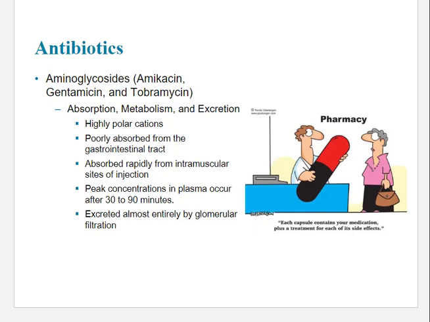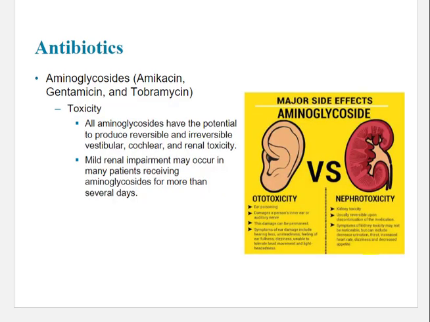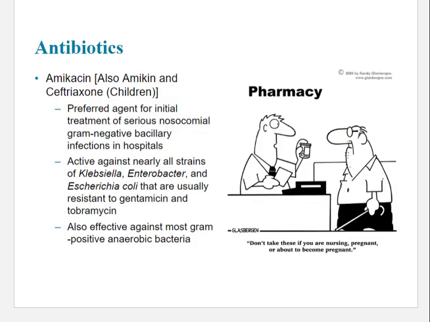They are highly polar cations. They're absorbed through the GI tract. And peak concentrations are 30 to 90 minutes. Just, again, toxicity is an issue that needs to be dealt with. Your kidneys are going to be highly affected by this. All right, so there's amikacin.